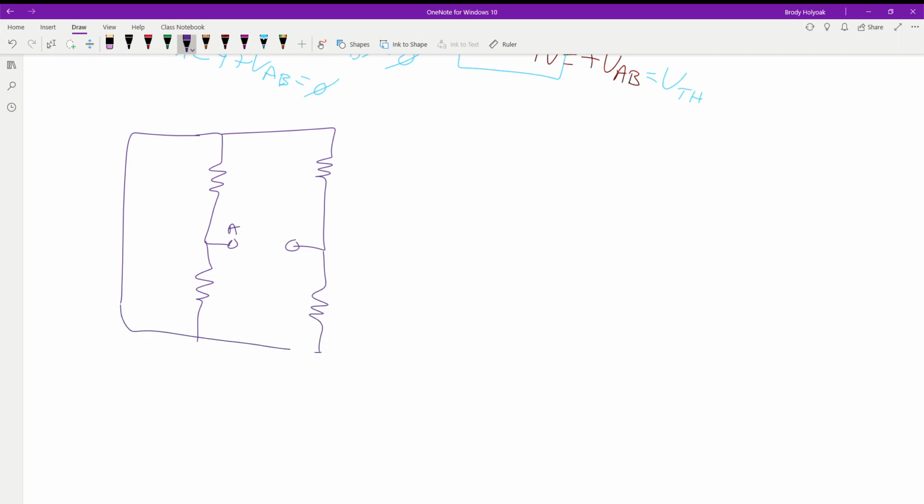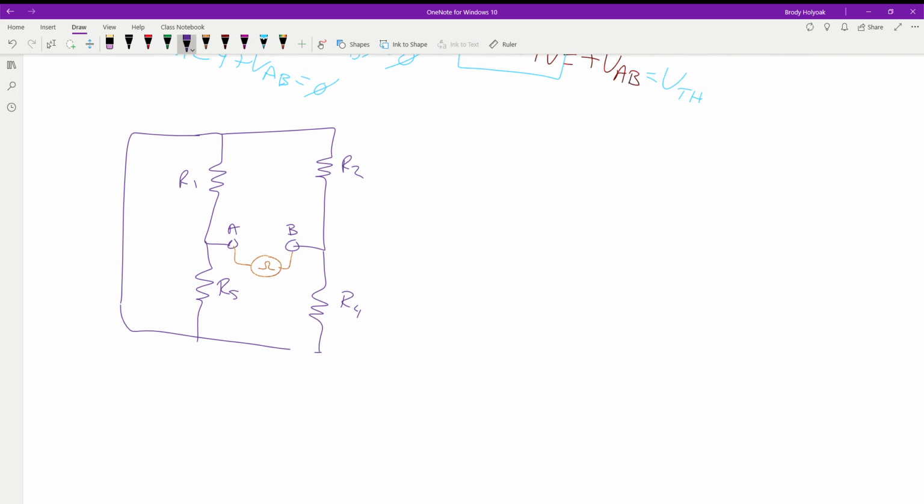We have from point A to point B, and we want to measure as if we were coming across there with our meter. We've got R1, R2, R4, R5. Okay? Let's redraw this so it makes more sense.